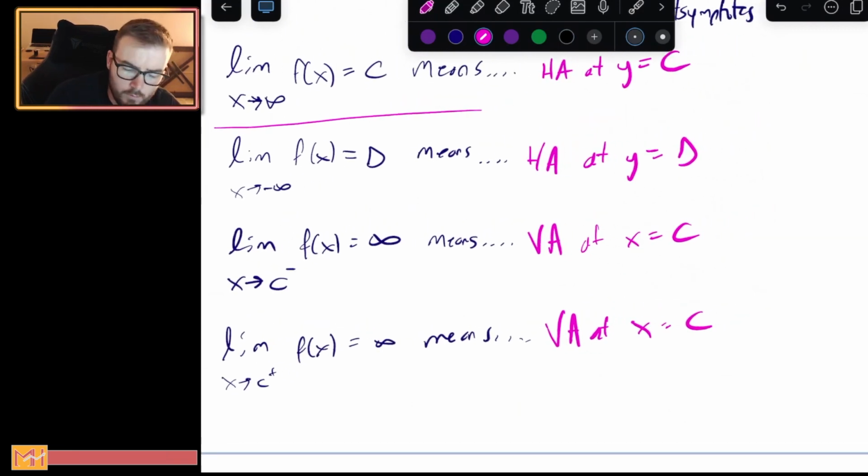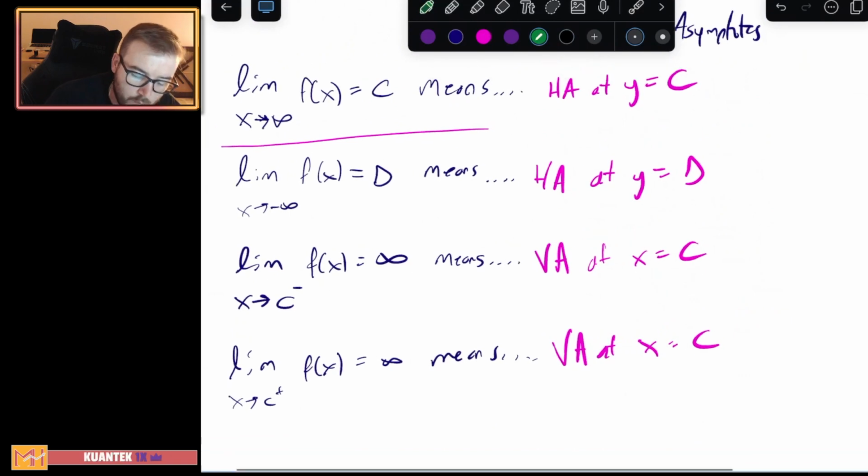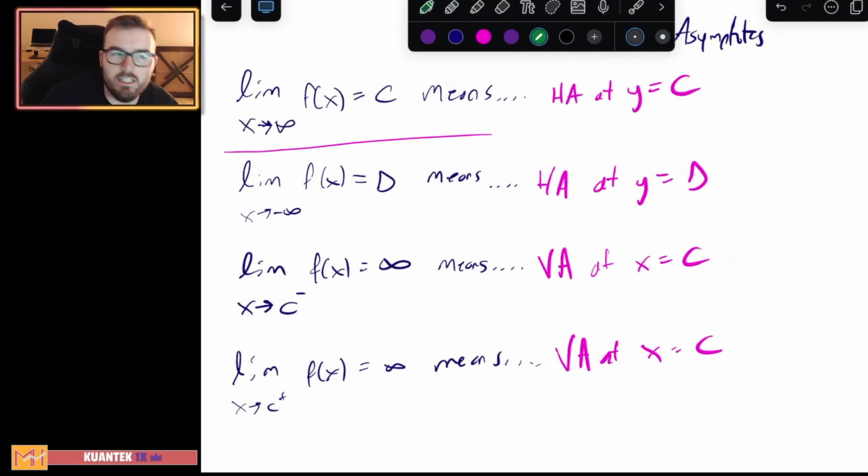Now, why? Well, horizontal asymptotes happen on the ends of the function. In your other classes, we often define it as end behavior. Where are the ends of the graph?